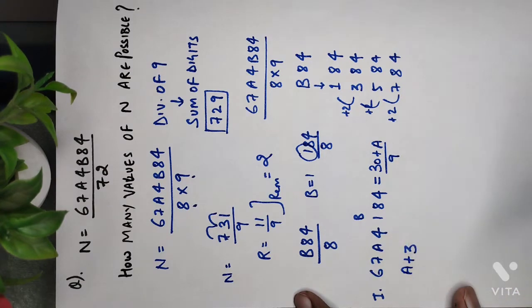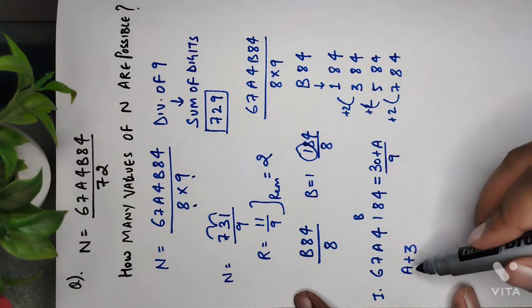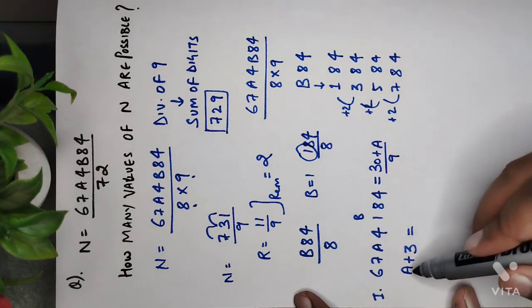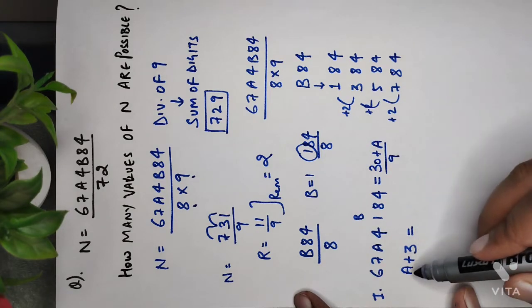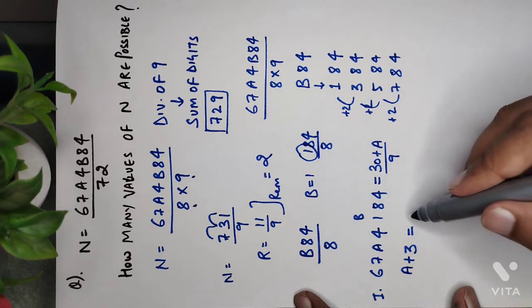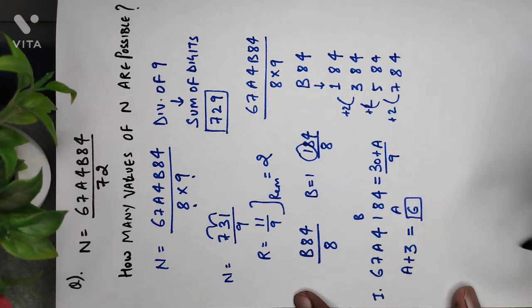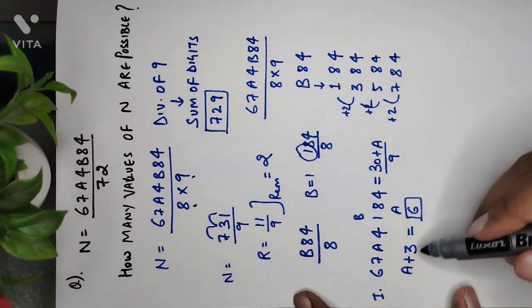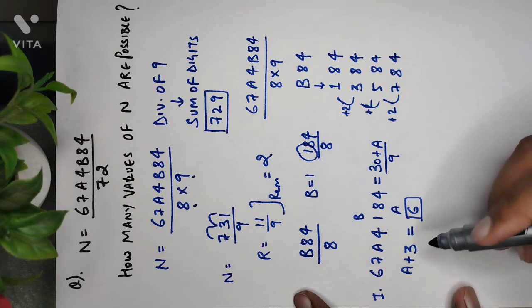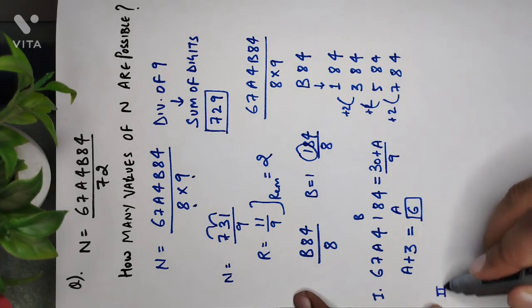So I can write this number further as a plus 3. What value should I add to 3 so that this entire number is divisible by 9? I can say a will be equal to 6. That is, 6 plus 3 is 9, and it will be completely divisible by 9.